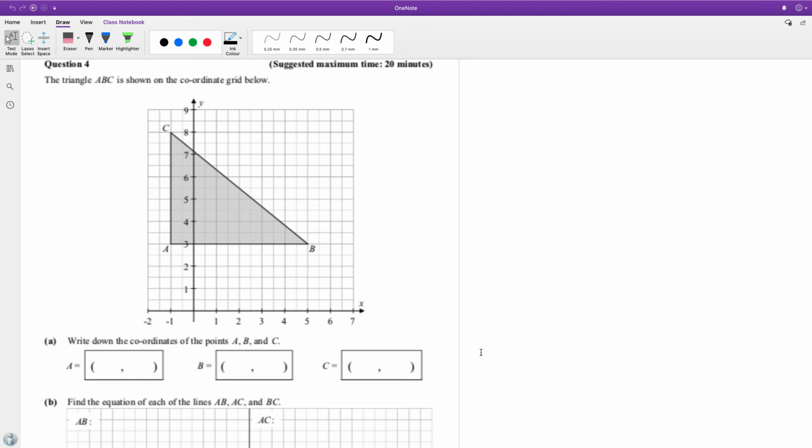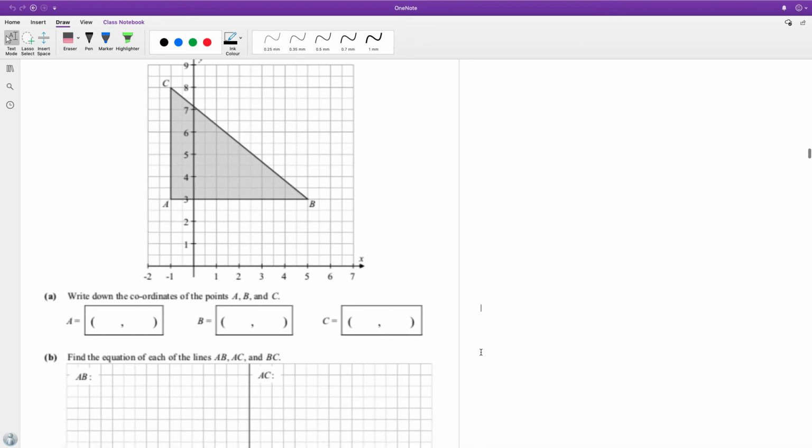Right, part B, before we tear into it. Important things I should say we might forget. We're asked to find the equation of the line AB, AC, and then we're asked to get the equation of the line BC, or CB. Now, first things first, what's my formula for the equation of the line?